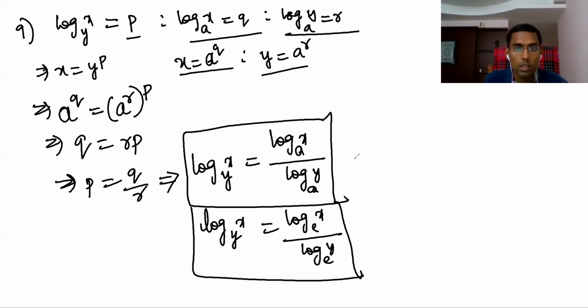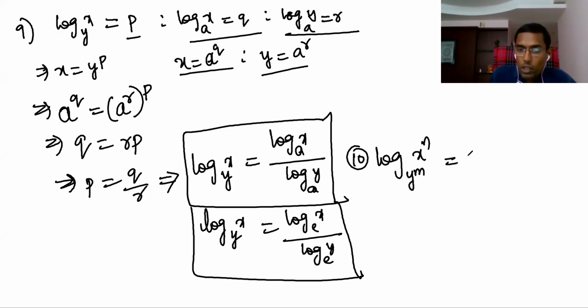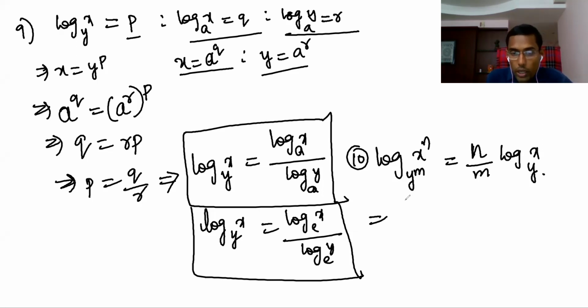All right. So next, formula 10. Log x to the power of n to the base y to the power of m: here what you can write is n by m log x to the base y. Why can you write like this? Because this is log x to the power of n divided by log y to the power of m.